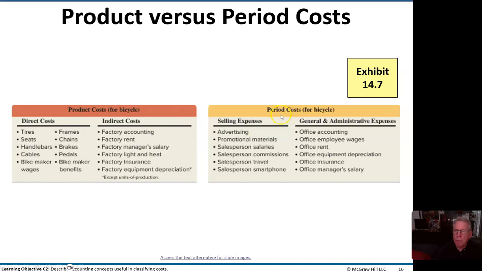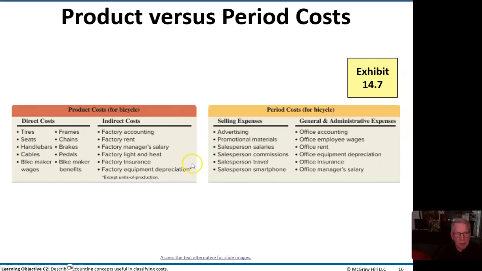Okay, so if we look at these product costs then here for bicycles, we have our direct costs that we talked about earlier and our indirect costs. But our period costs are selling expenses, including advertising, promotional materials, salesperson's salaries, commissions, travel, and maybe even a salesperson's smartphone.